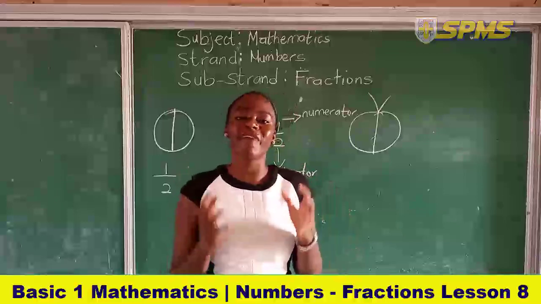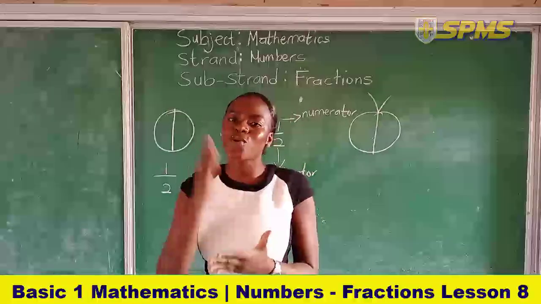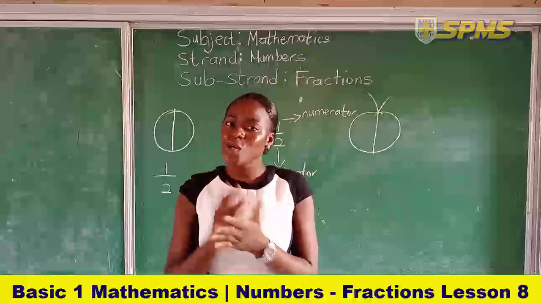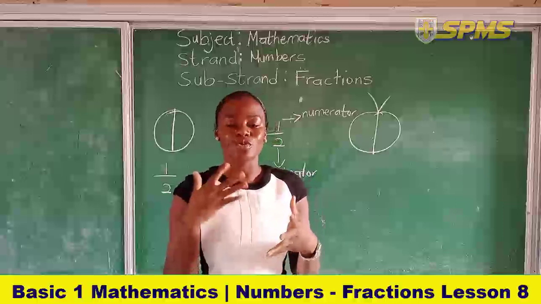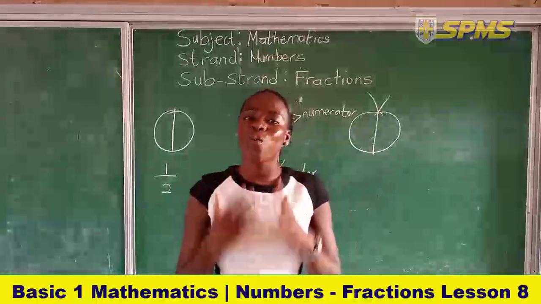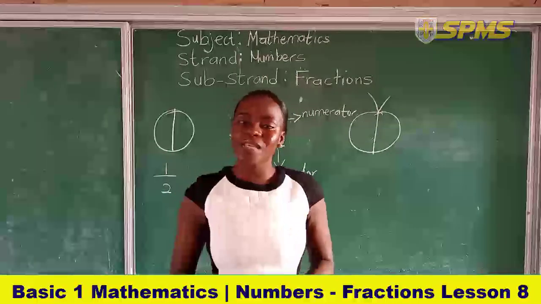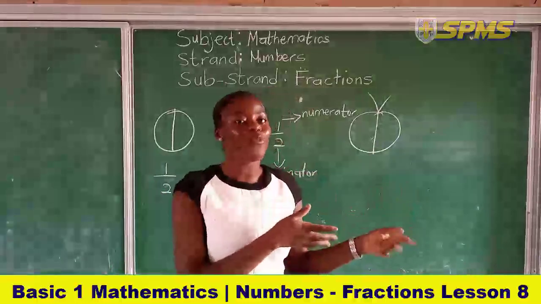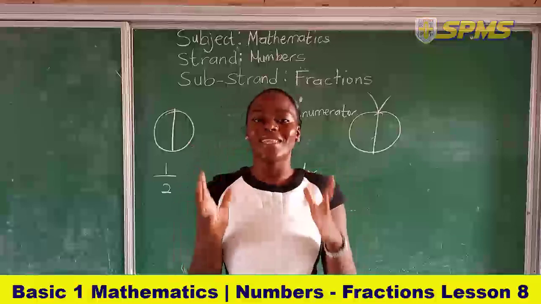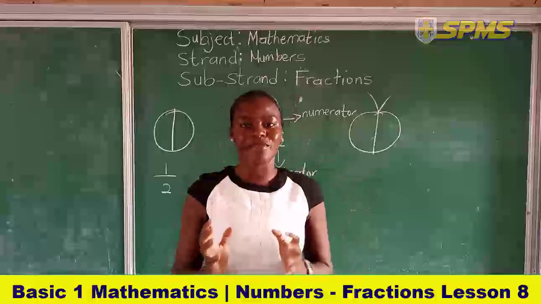Half, when it is divided into 2 equal parts. Don't forget to add the equal to it. When it is divided into 2 equal parts, we use 1/2 to represent half. So anytime you see 1/2 somewhere, remember that it is talking about half.